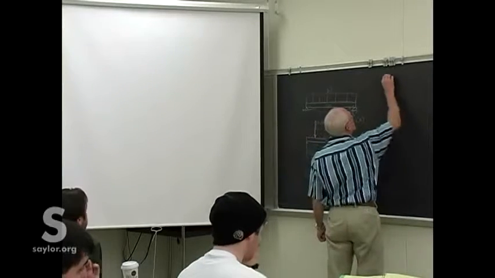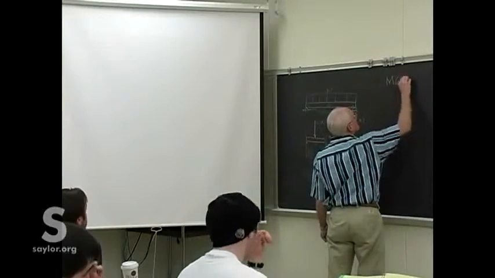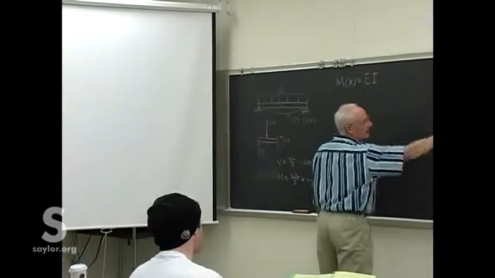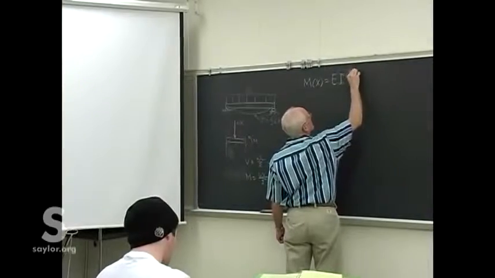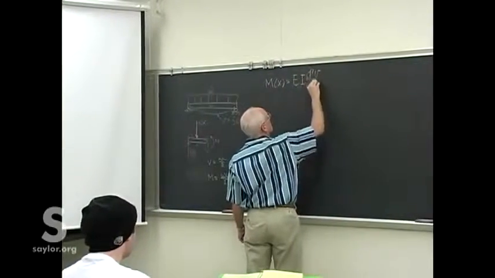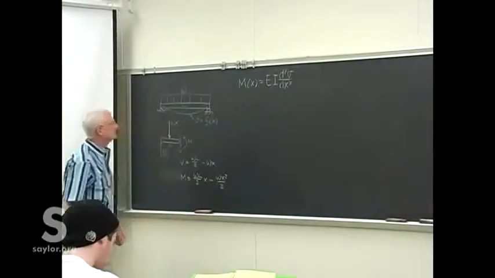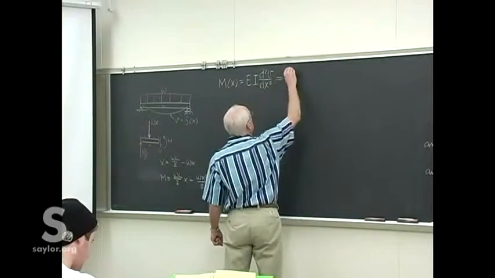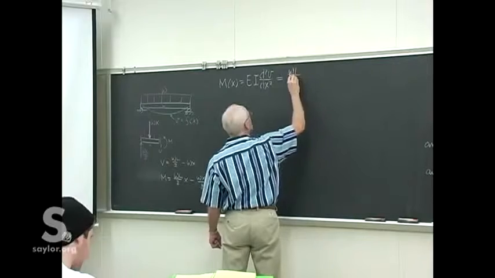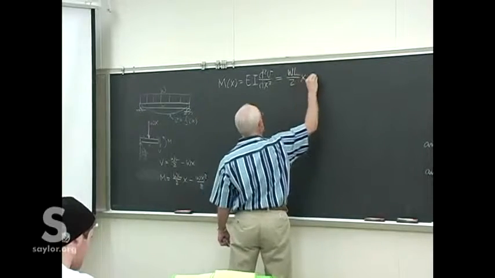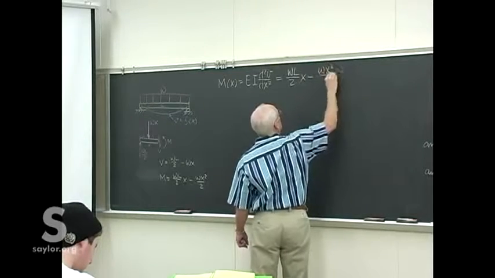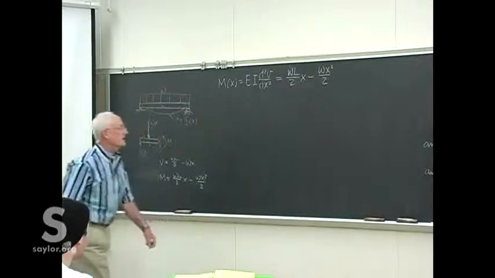So we now know the moment as a function of x, which equals EI, second derivative, equals now this WL over 2x minus WX squared over 2. Sounds like I'm reading off a bunch of radio stations.